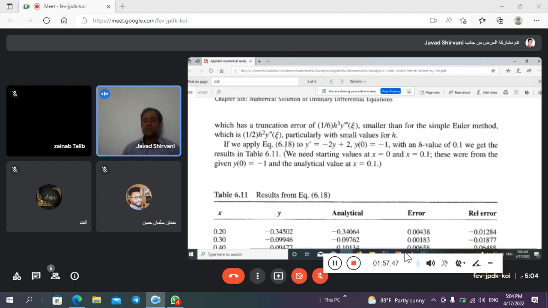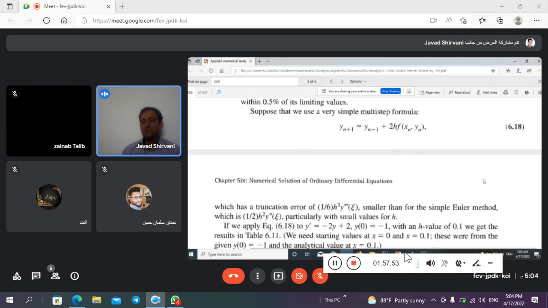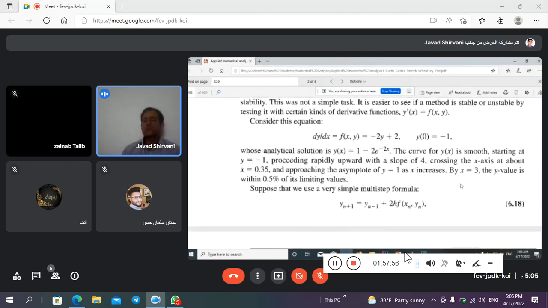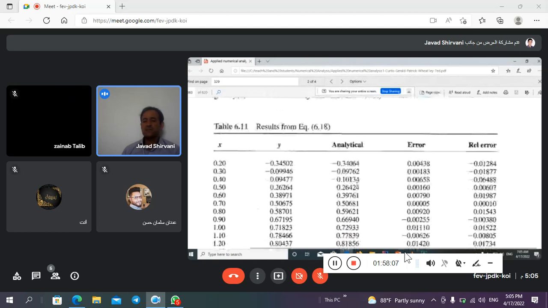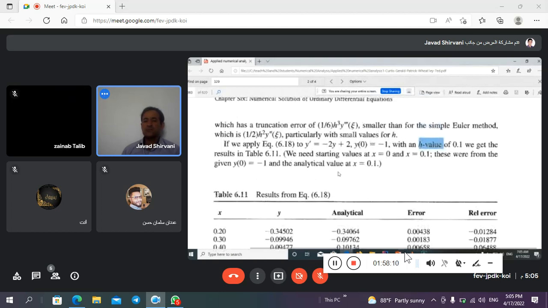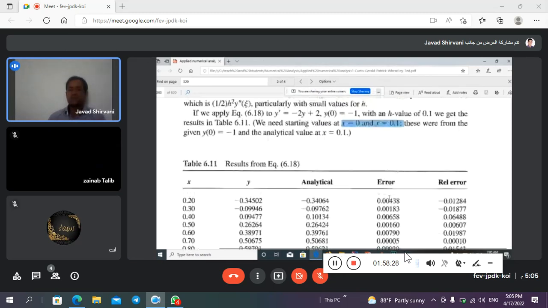If we apply equation 6.18 to this differential equation, with this initial value and a step size h of 0.1, we get the results in table 6.11. We need a starting value at x1, from the given y0 equals minus 1 and the analytical value at x equals 0.1.